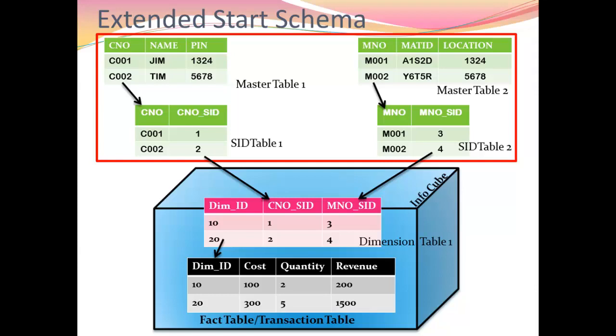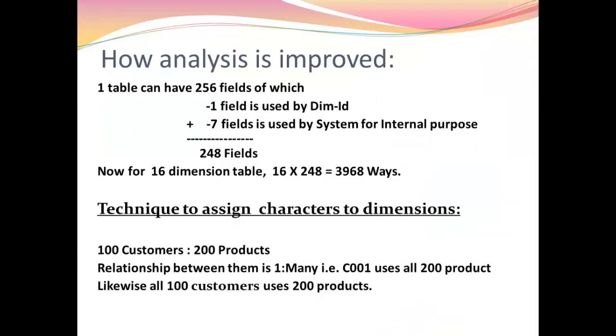Likewise, we will be having 16 dimension tables, each holding 248 characters. So 16 into 248 will give you 3968, which is very near to 4000. So this is how we have increased the analysis, and we are able to analyze a particular transaction or record in nearly 4000 ways.